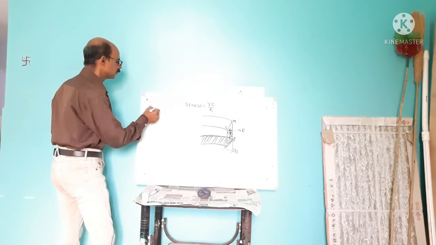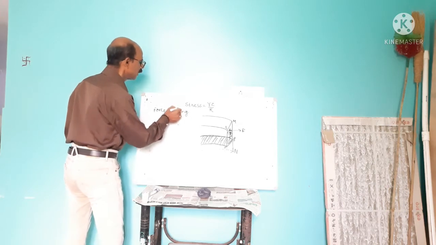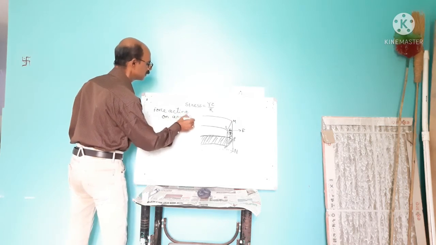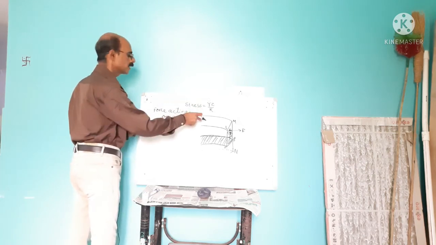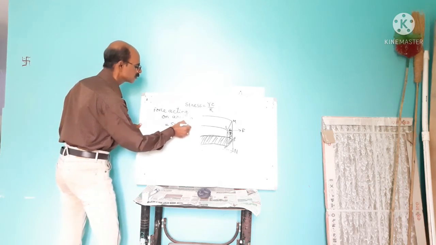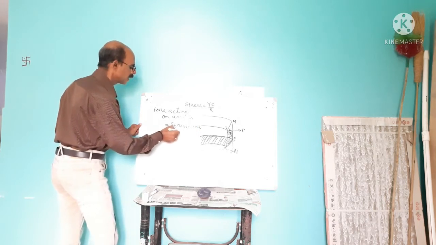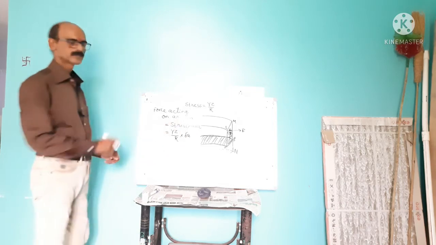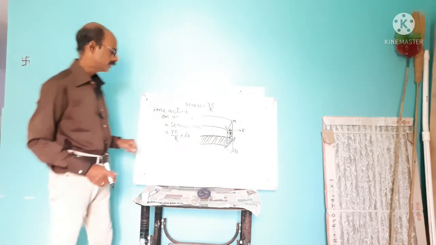Force acting on area delta A will be equal to stress into area. But stress is Yz by R and area is delta A. So this is the force acting on this small element of area delta A.